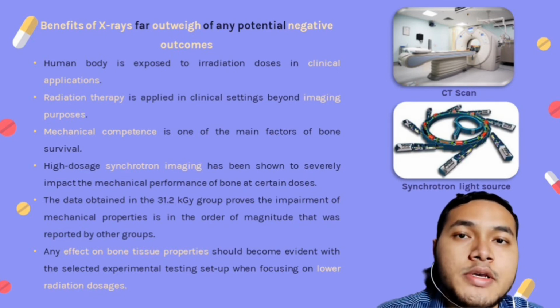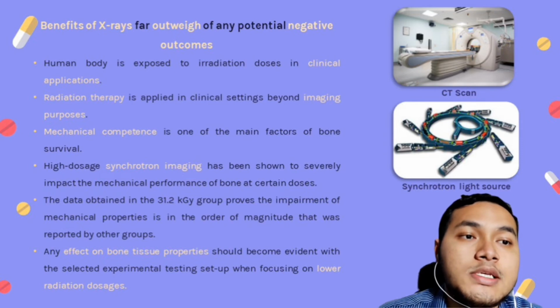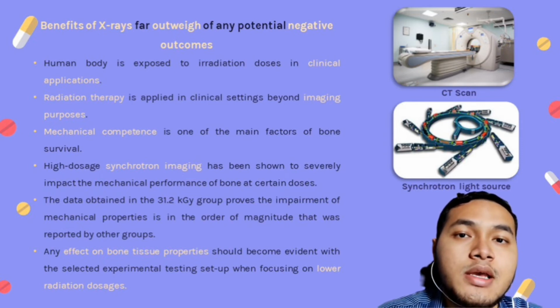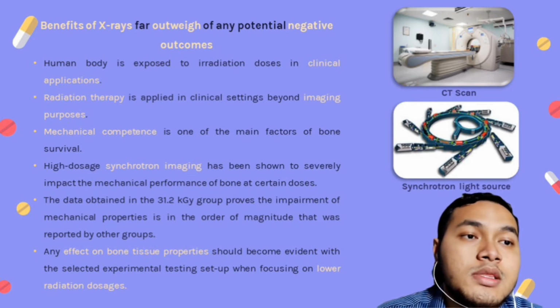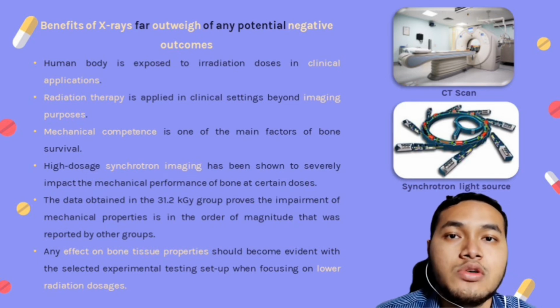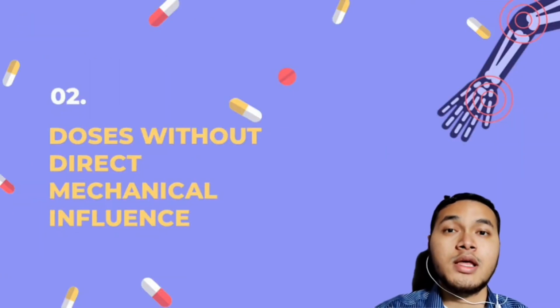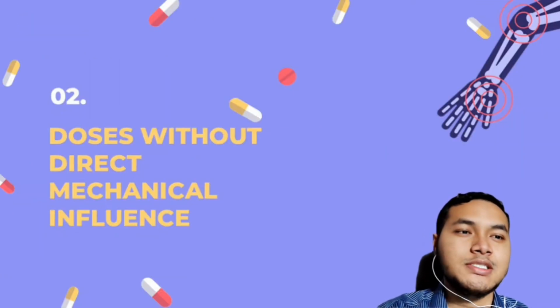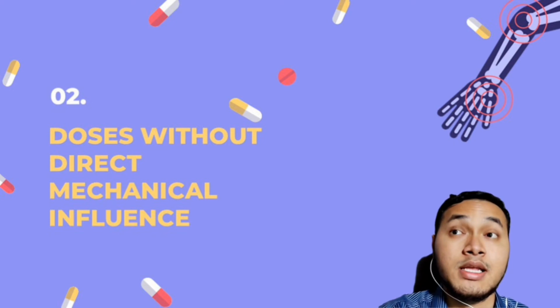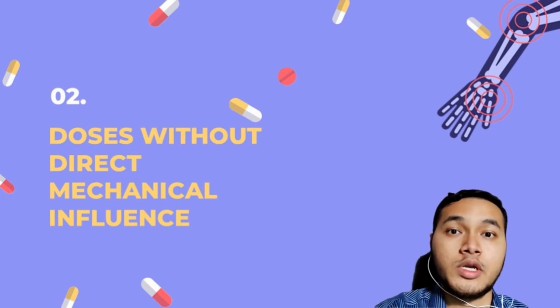In this framework, any effect on bone tissue properties should become evident with the selected experimental testing setup when focusing on lower radiation dosage. Now, let's move on to the doses without direct mechanical influence, which is in 4.2.